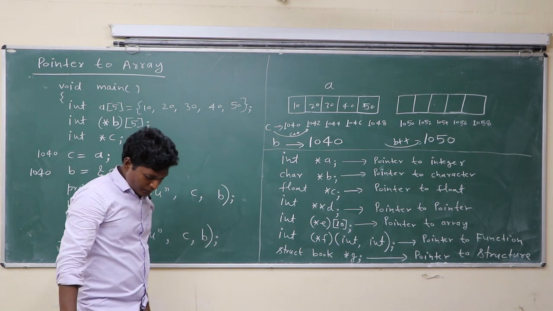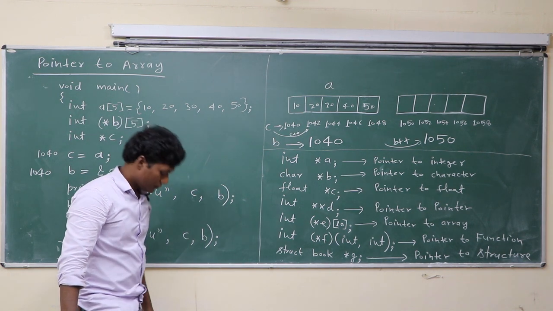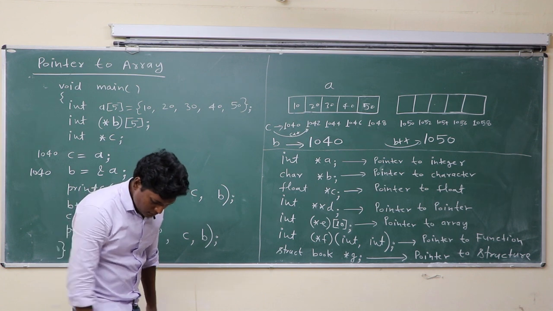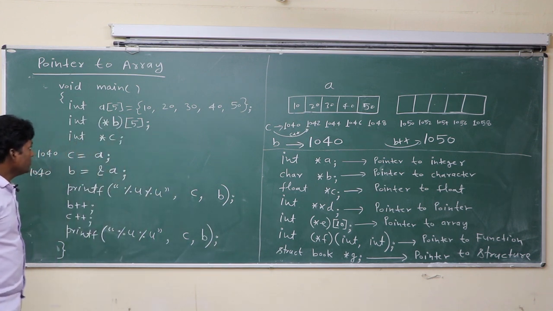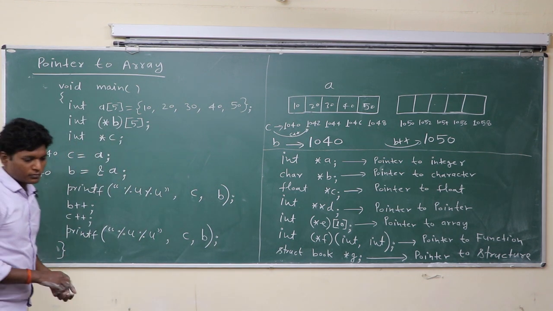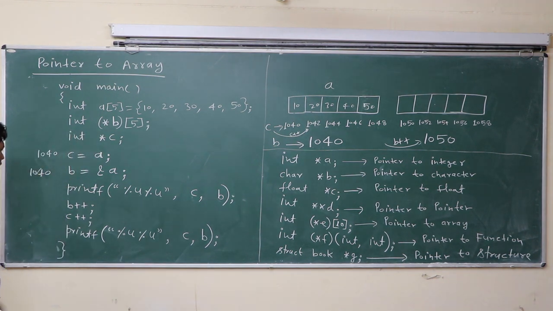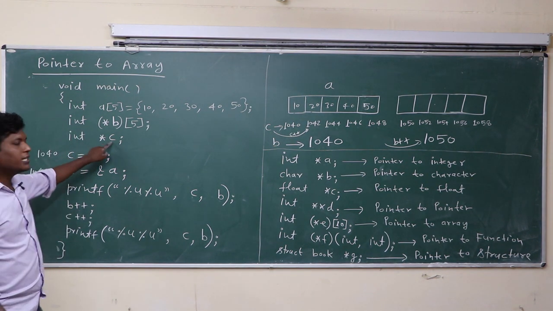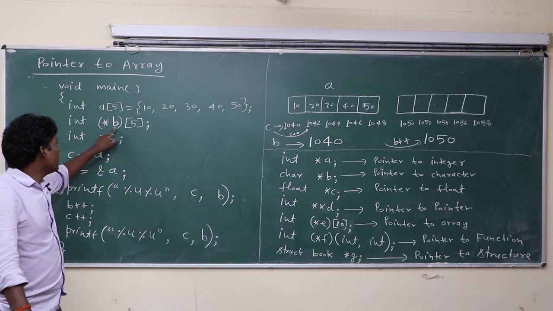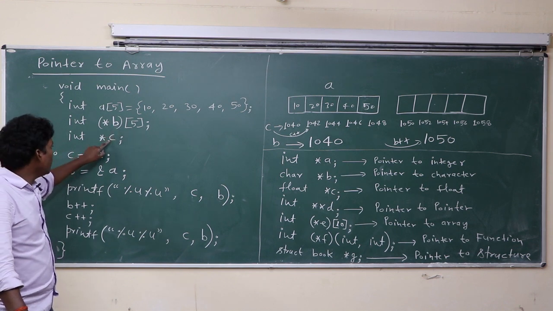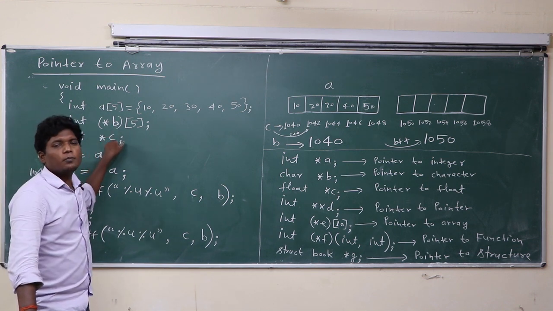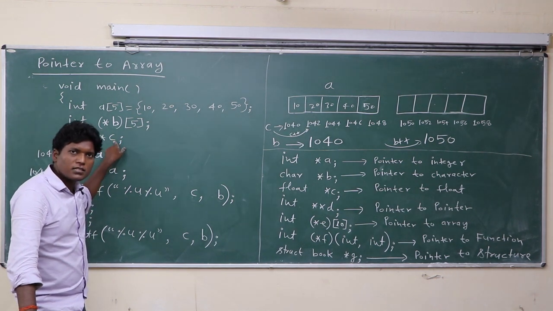Okay class? C is a normal pointer, B is a pointer to an array. When you increment a normal pointer, it points to the next location of the same type.